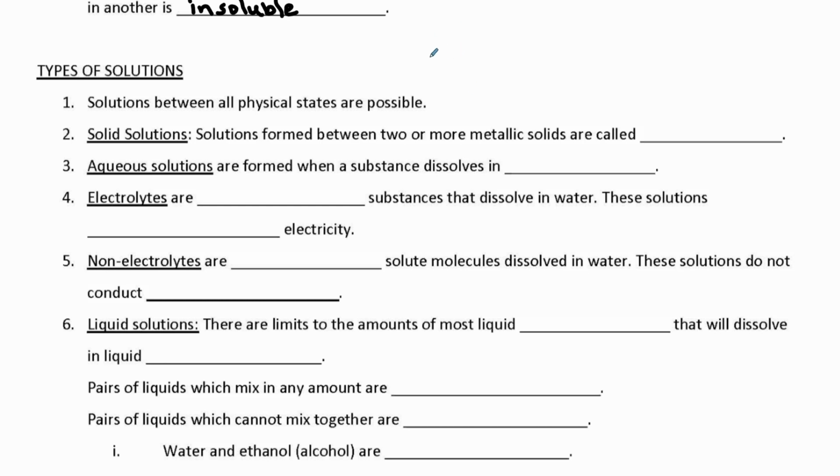You can actually have 9 different types doing every combination, right? Solid and liquid, liquid in liquid, gas in liquid, and then you could go through the solids, solid and solid, liquid and solid, gas and solid, and so forth. So you can actually come up with 9 possible combinations.